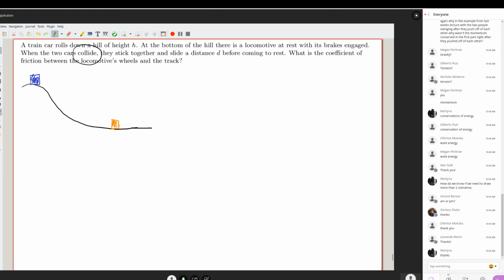And I know my ending cartoon is going to be like this, where the two cars, the blue one and the orange one, have stuck together and they have slid a distance d.